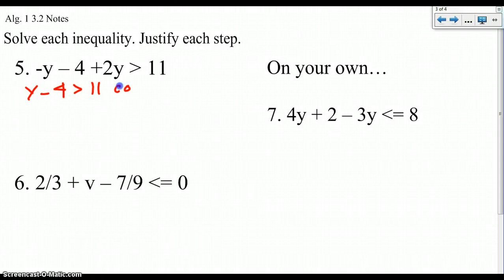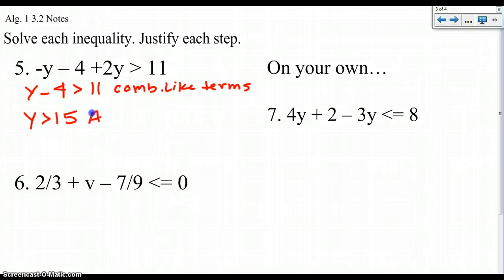You can abbreviate it: combine like terms. And then we need to add 4 to both sides to get y is greater than 15. And that's our answer, so our justification for that is addition property of inequality.